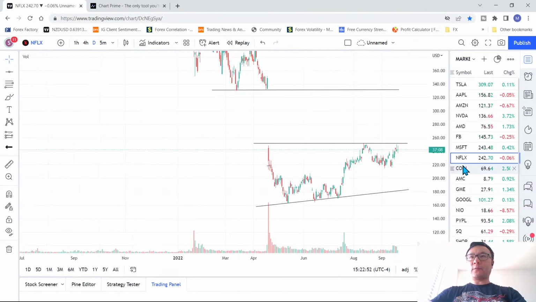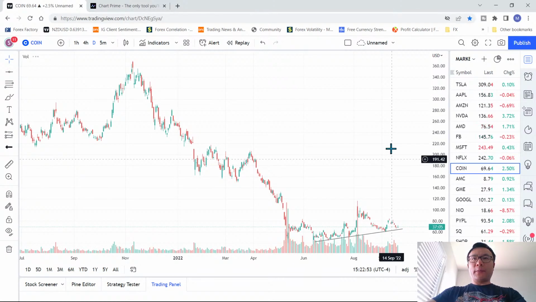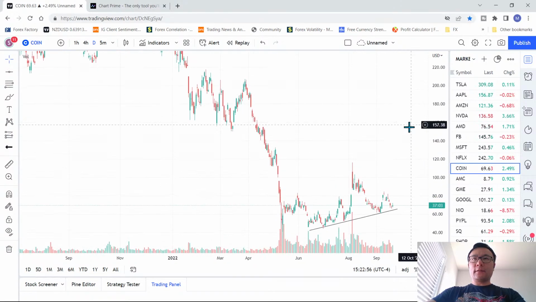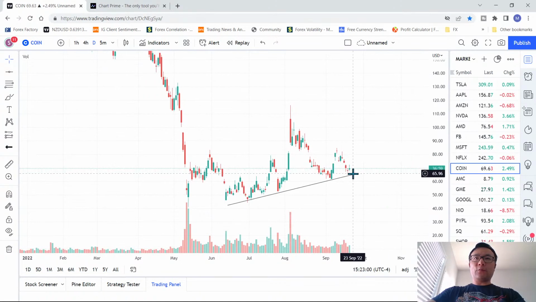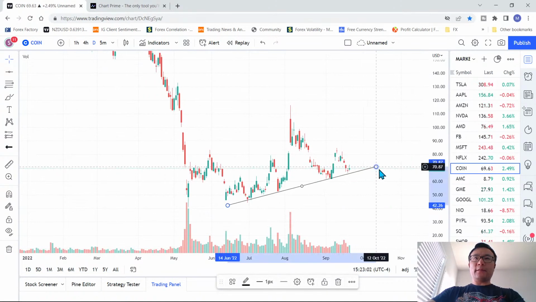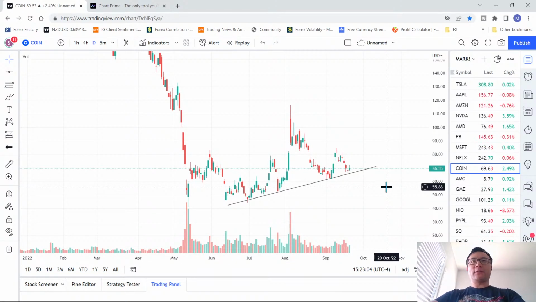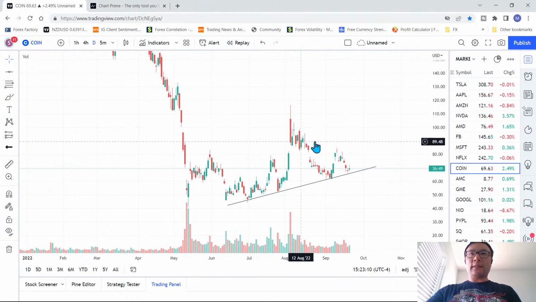Okay, next one. Coinbase. So Coinbase is a stock that moves basically based on the price of crypto, of Bitcoin. It depends on what Bitcoin's doing.